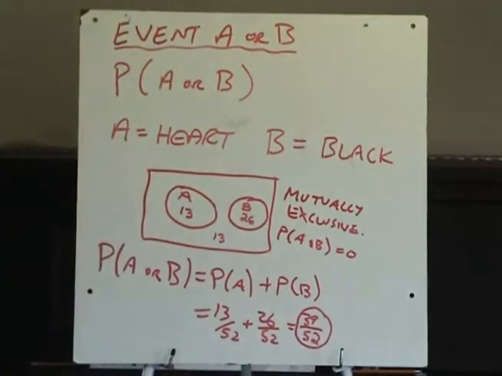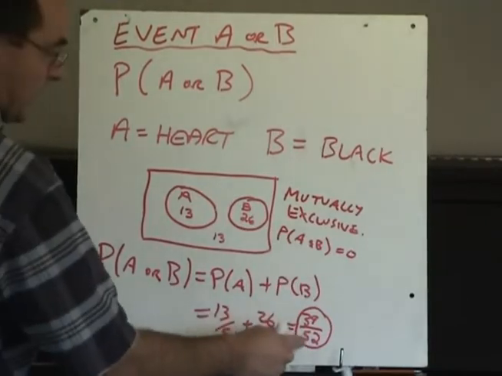So the probability of me drawing a heart or a black card is 39 out of 52.